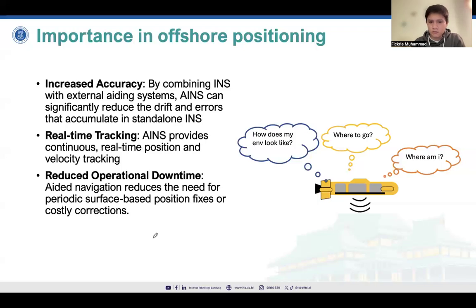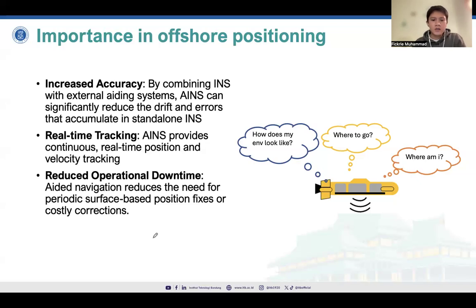It basically has other measurements that we assume can be trusted, although the other measurements also have their limitations, or accuracies that we can rely on. And it of course helps us with real-time tracking, as the AINS provides continuous real-time positioning and velocity tracking.